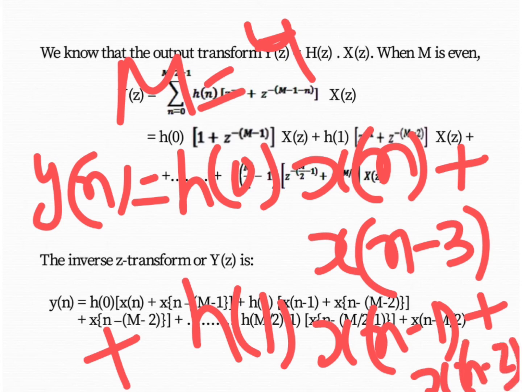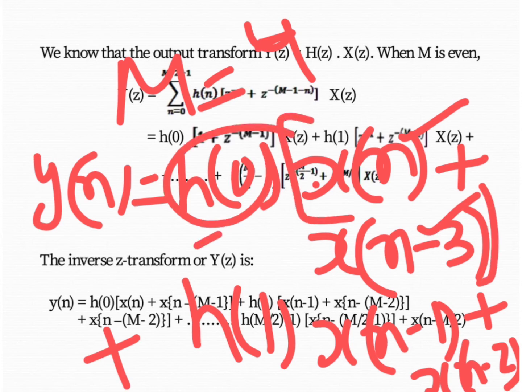So as you can see, x(n) and x(n minus 3) have the same multiplier h naught, likewise x(n minus 1) and x(n minus 2) have the same multiplier, which is h(1).